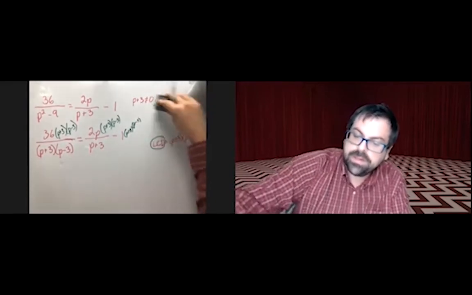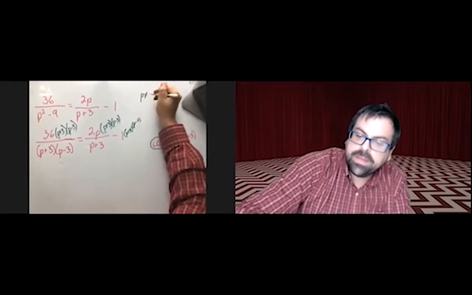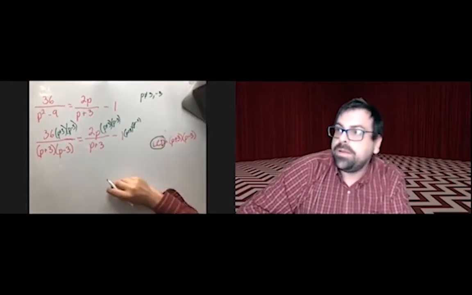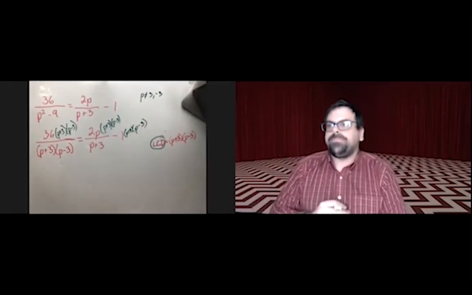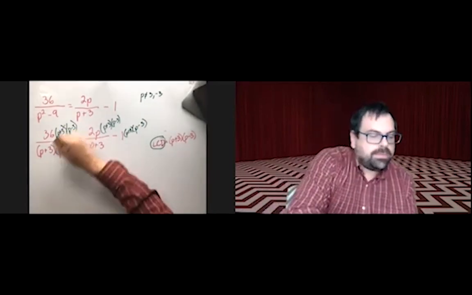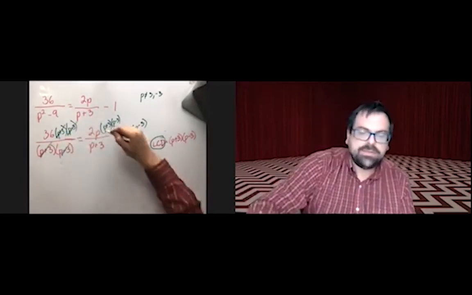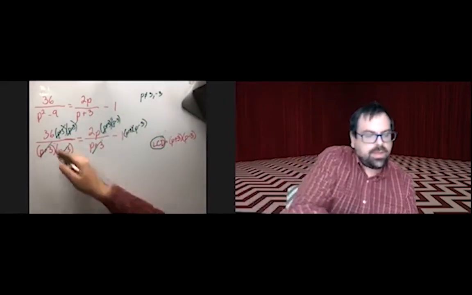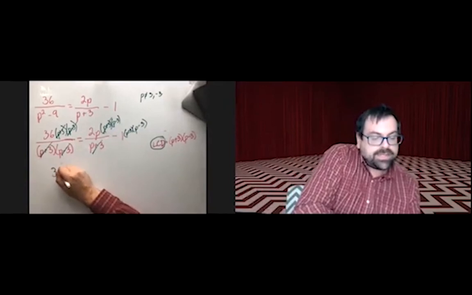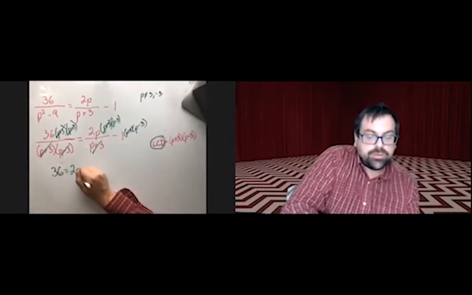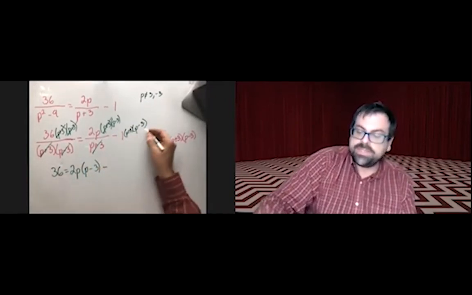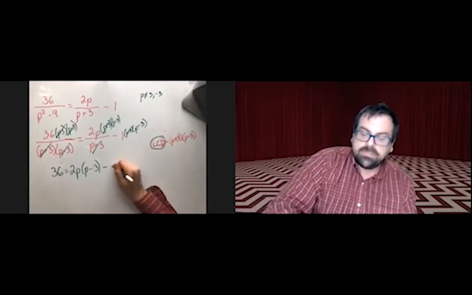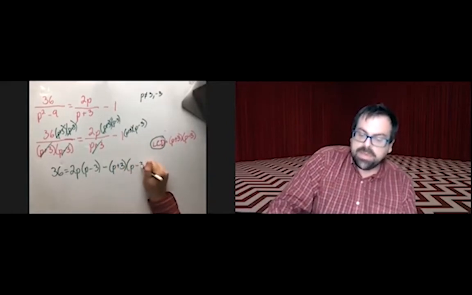We remember p can't be 3 or negative 3. P plus 3's cancel. P minus 3's cancel. P plus 3's cancel. We have 36 equals 2p times p minus 3 minus 1 times the LCD, so minus the entire p plus 3 times p minus 3.